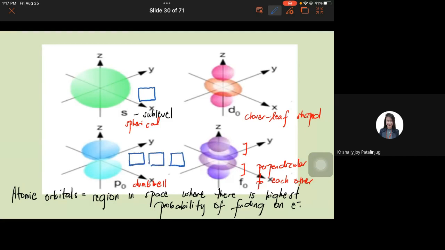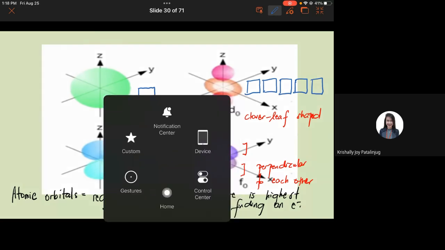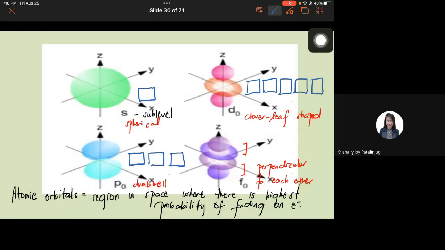Let's say, for example, hypothetical, in the illustration, the boxes that I am drawing represent orbitals. And then for D subshells, it consists of five orbitals. And then for F subshell, a total of seven.